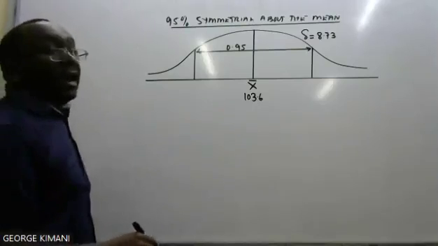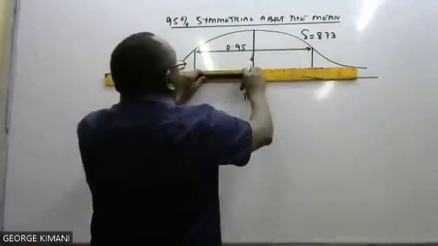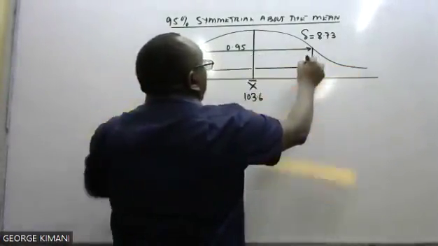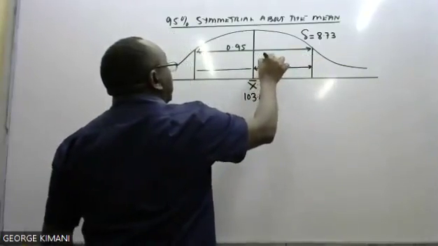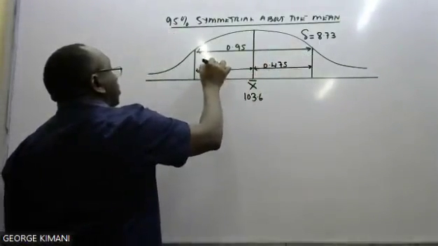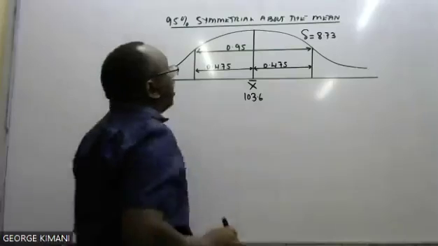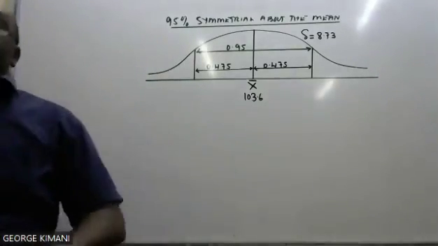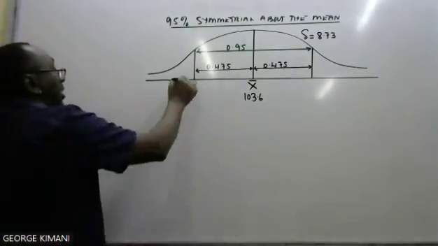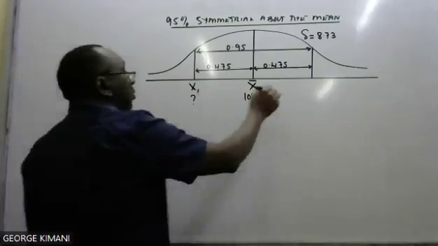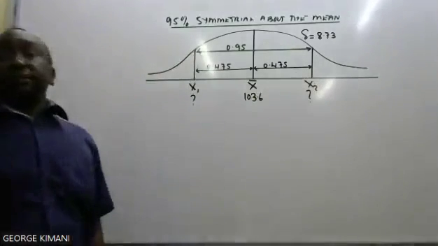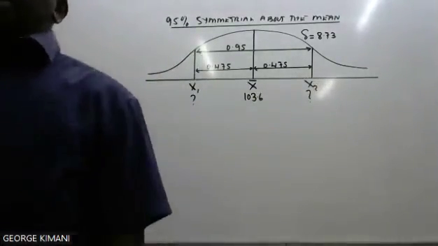That 0.95 means something like this. This space here is 0.475, and this other one is also 0.475. So that when you combine them they give you 95. Now this X1 we do not know, and this X2 likewise we do not know. Those ones are unknown.